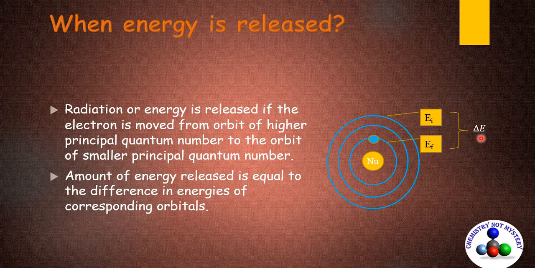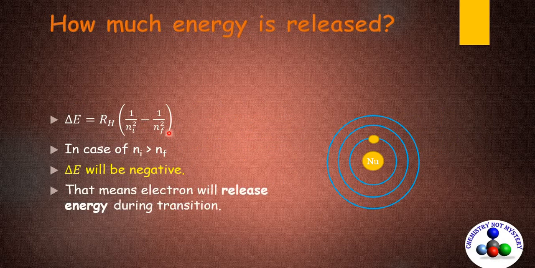So how much energy is released? In the case when n initial is greater than n final, then the fraction 1 upon n initial square will be lesser than 1 upon n final square. In that case, delta E will become negative, and here the negative sign indicates that the electron will release energy during the transition.